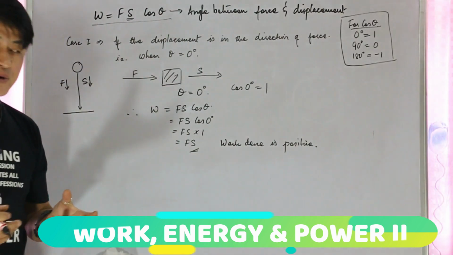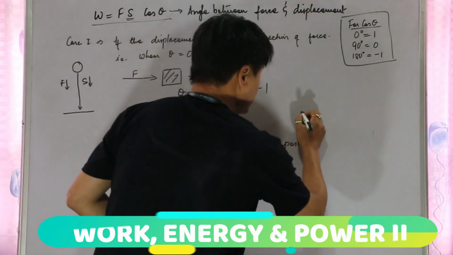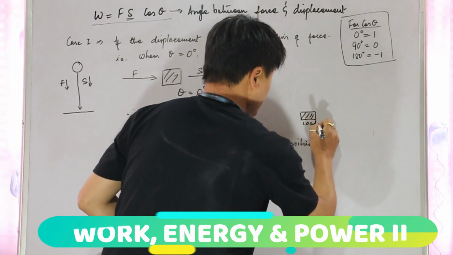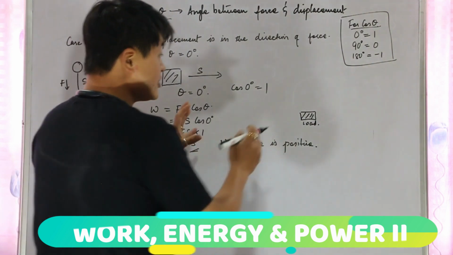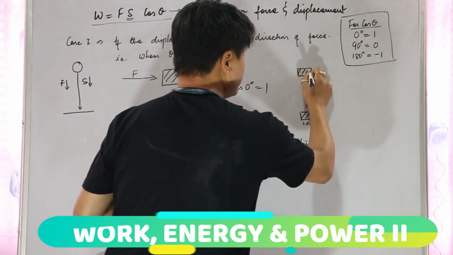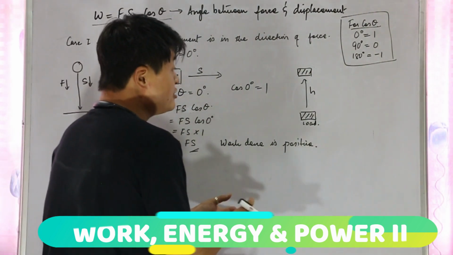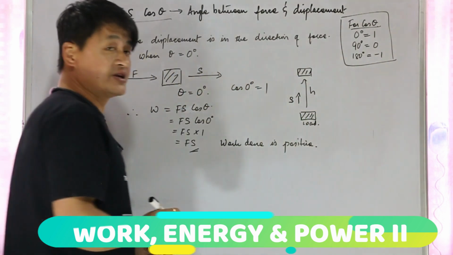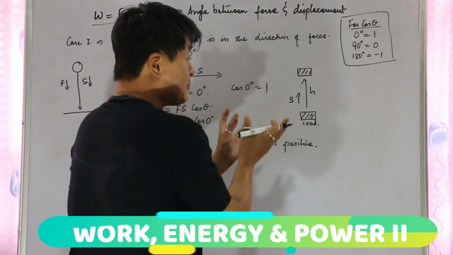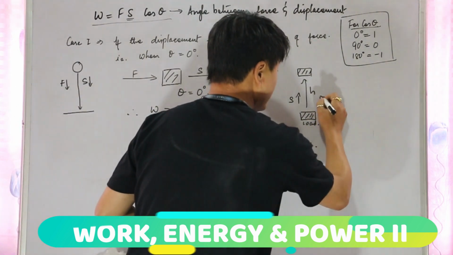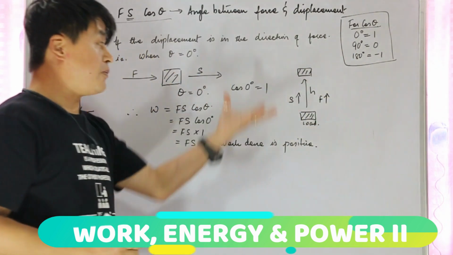Let's take another example. If we have a load here, and we are trying to lift the load by height h, then when lifting the load, the displacement will be in the upward direction, and the force we apply in order to lift the load is also in the upward direction.